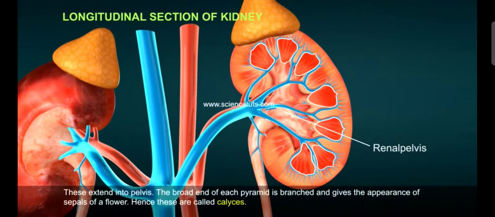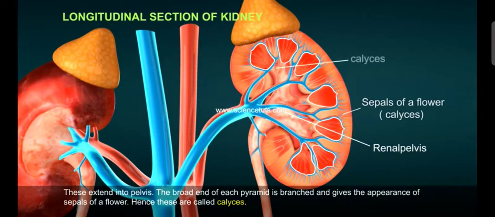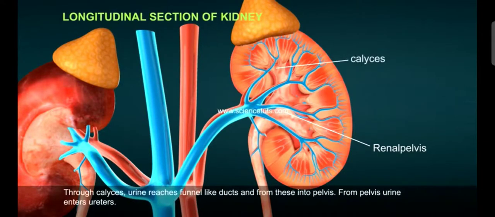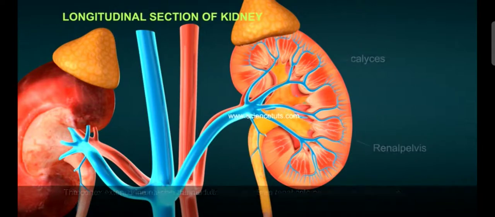These extend into the pelvis. The broad end of each pyramid is branched and gives the appearance of sepals of a flower. Hence, these are called calyces. Through calyces, urine reaches funnel-like ducts, and from these into the pelvis.